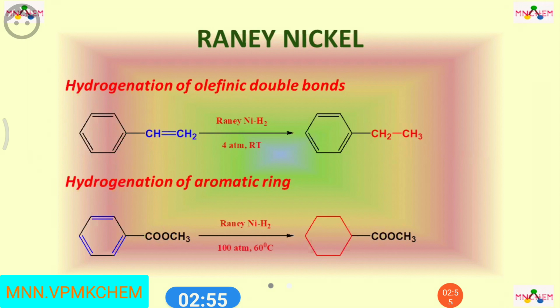For example, for the methyl ester of benzoic acid, or methyl benzoate, if we want to reduce the benzene ring in this structure, we require higher pressure, 100 atmospheres, and the reaction is usually carried out at 60 to 70 degrees Celsius, and we get reduction of this benzene ring to cyclohexane.